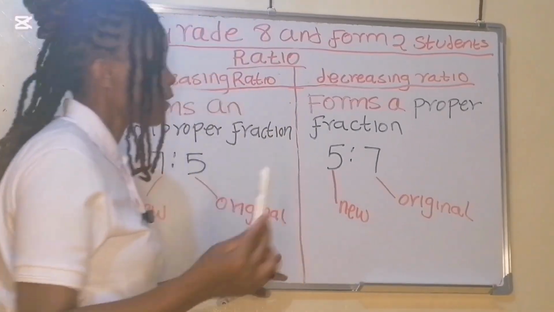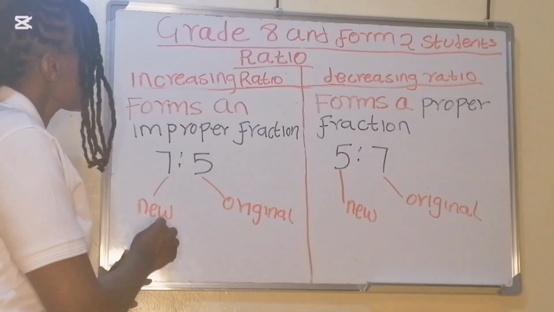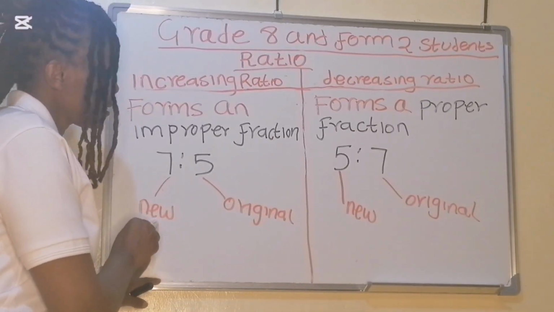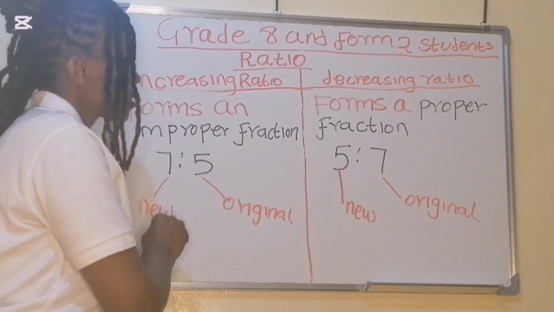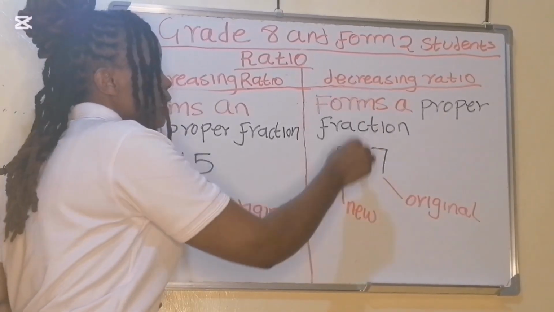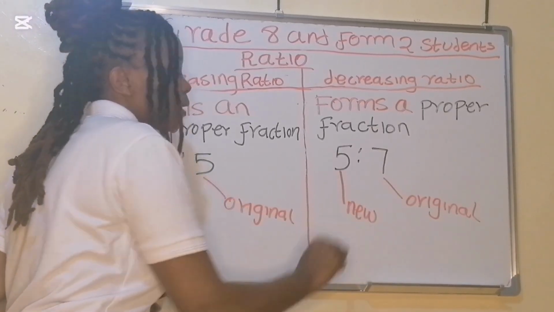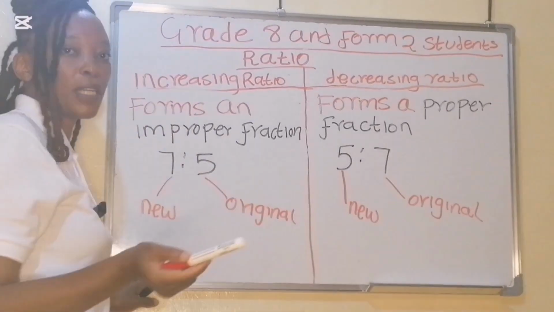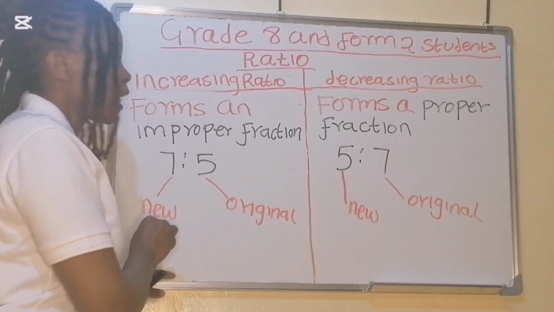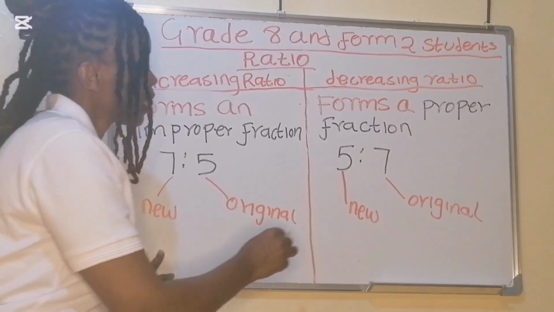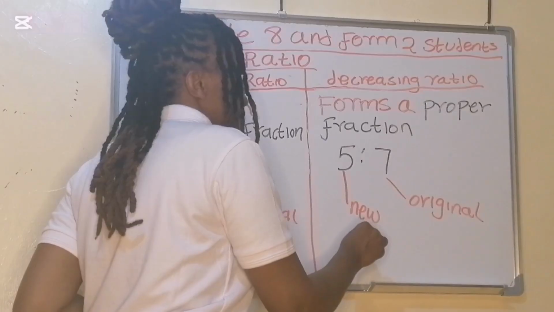So the first part is new. In an increasing ratio, this is the increased price. In a decreasing ratio, this is the decreased price. This is the new, which is the increased. This is the new, which is the decreased.